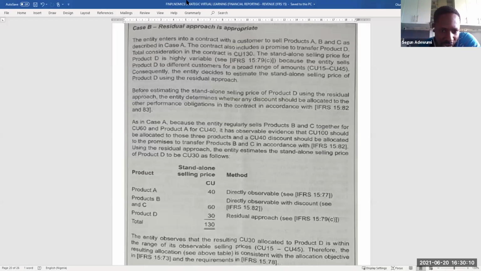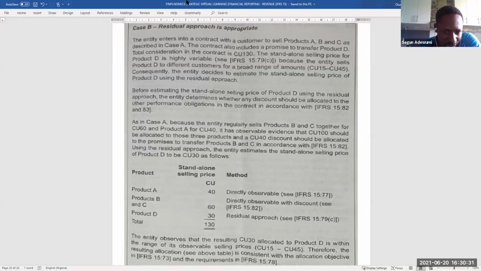Product A has a standalone selling price of 40 CU, and the method is directly observable. We use the directly observable approach. Products B and C have a standalone selling price of 60, and we also use the directly observable with discounts approach.